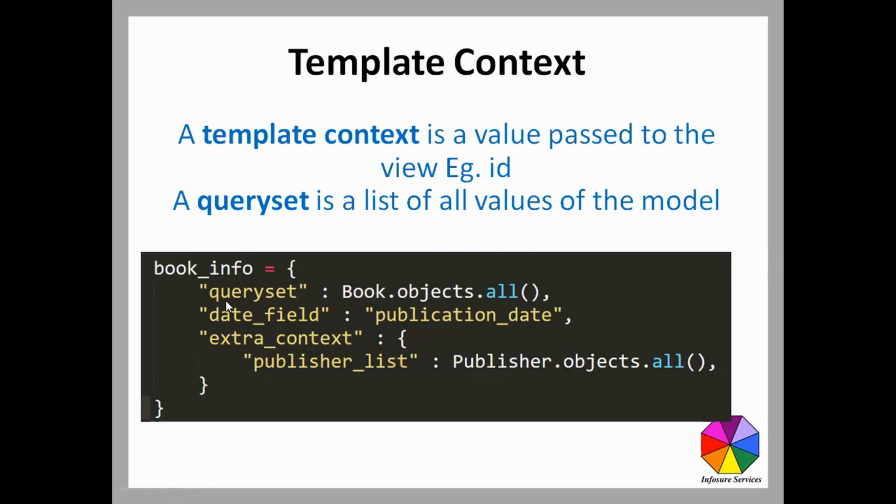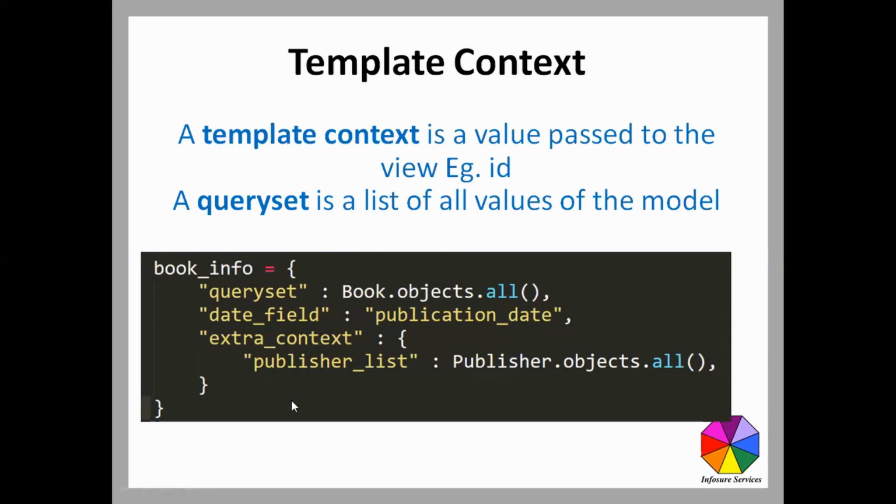The query set here is Book.objects.all. This is purely syntax, you don't have to bother. This is my Python class, or the model. Model.objects.all is the standard syntax. Here you see Publisher.objects.all, with these brackets. This means that all the books are passed in this context, and all the publishers are also passed in this context.